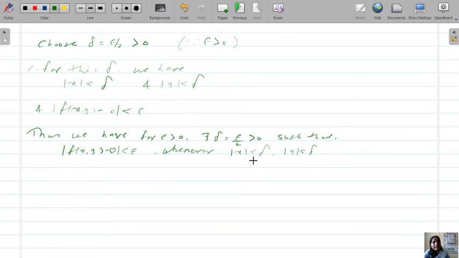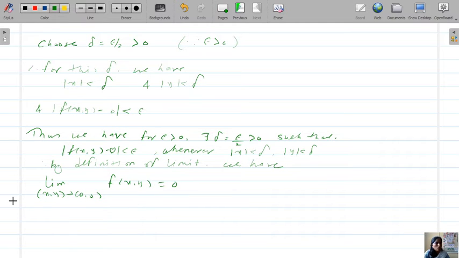Mod x is less than delta means mod of x minus 0 is less than delta, and therefore by definition of limit we have, or you can say that the simultaneous limit as xy tends to 0 0 of f of xy is equal to 0. What is your f of xy?